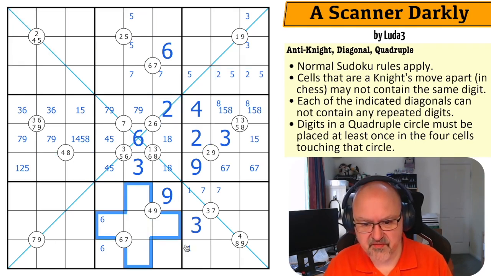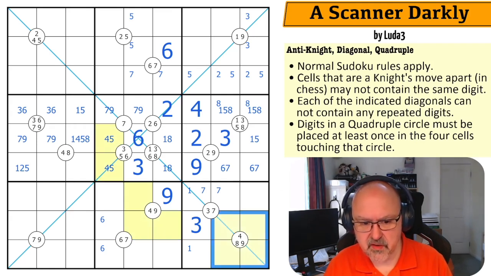Now, 3s, for example. No, 4 and... Well, 4 is in... So, I'm trying to see what is a good digit to do this with. So, for example, we know 4 is in those, we know 4 is in those, we know 4 is in those, we know 4 is in those, 4 is there.